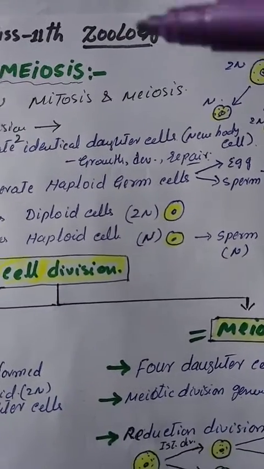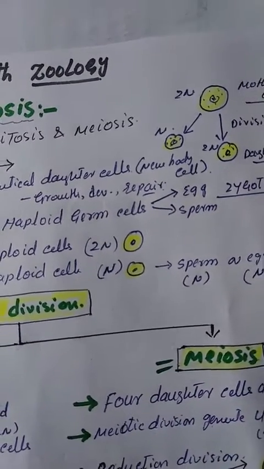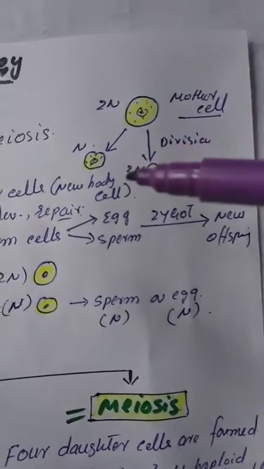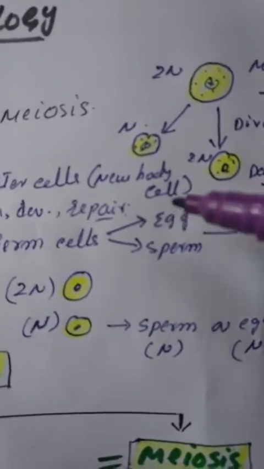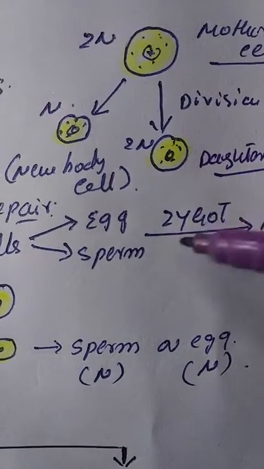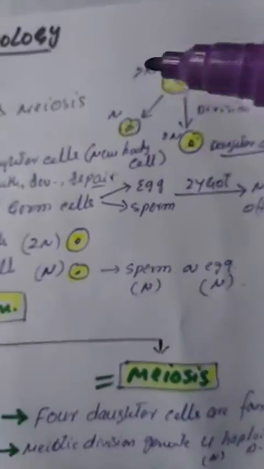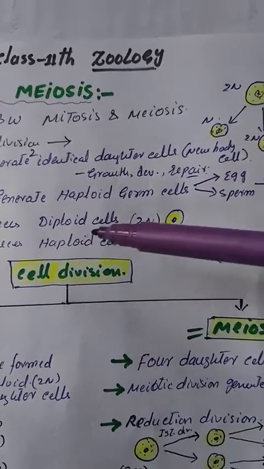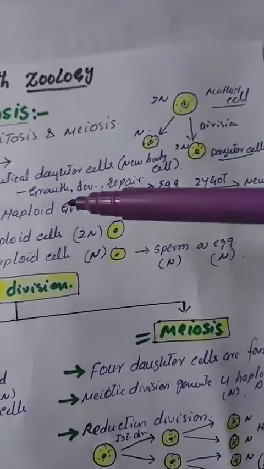Meiosis generates haploid germ cells, also known as eggs or sperm, which upon fertilization form a zygote that is also diploid as that of the parent. Therefore, mitosis produces diploid cells and meiosis produces haploid cells.